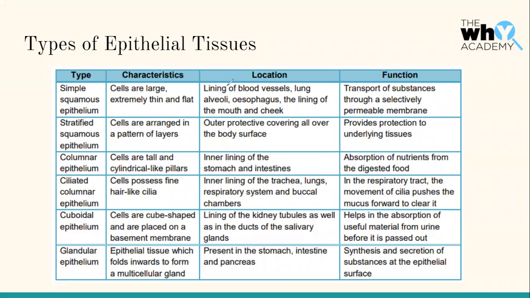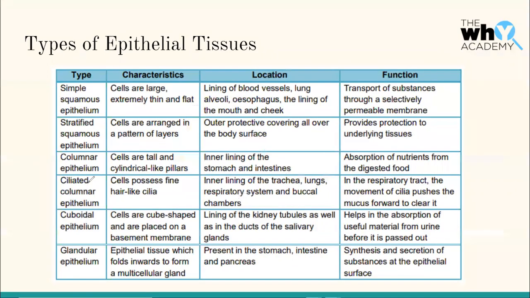They just directly ask, suppose columnar epithelium is found in the stomach and intestines, so they'll say the inner lining of the stomach and intestines consists of dash. So you need to memorize this column thoroughly, no exceptions, right? Because this is the favorite question they like to ask, because there's maximum confusion as to which is where, right?